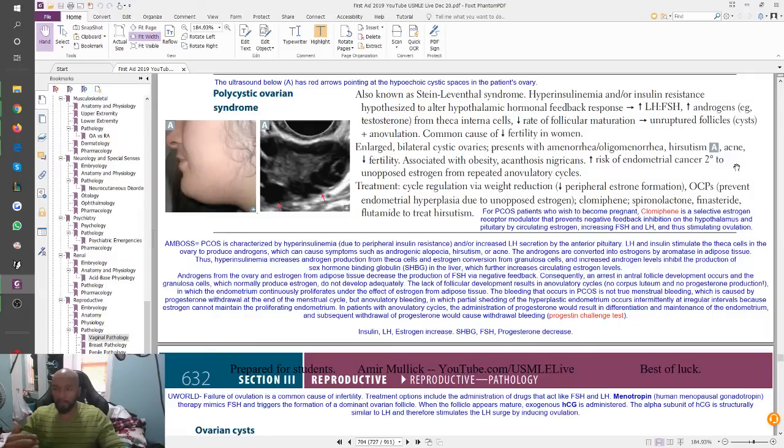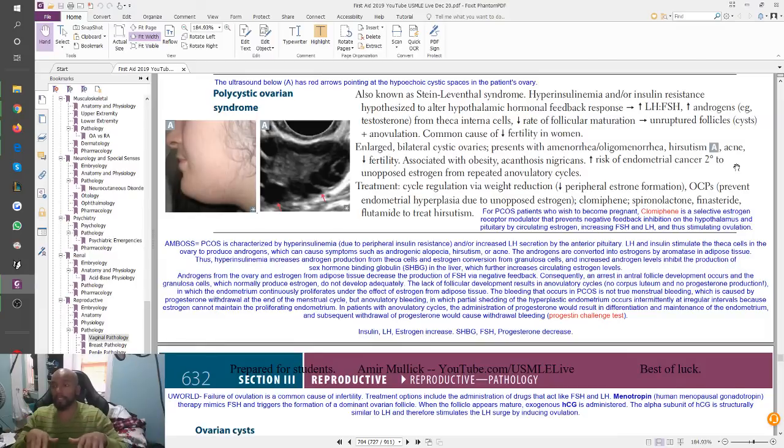Right, so you have to keep in mind how that's working because this medication does get tested. I would say it's relatively high yield, mostly because PCOS is high yield, and you have to know the general mechanism. So it inhibits estrogen's feedback on your hypothalamus, okay? Now your hypothalamus doesn't care how much estrogen this patient has.